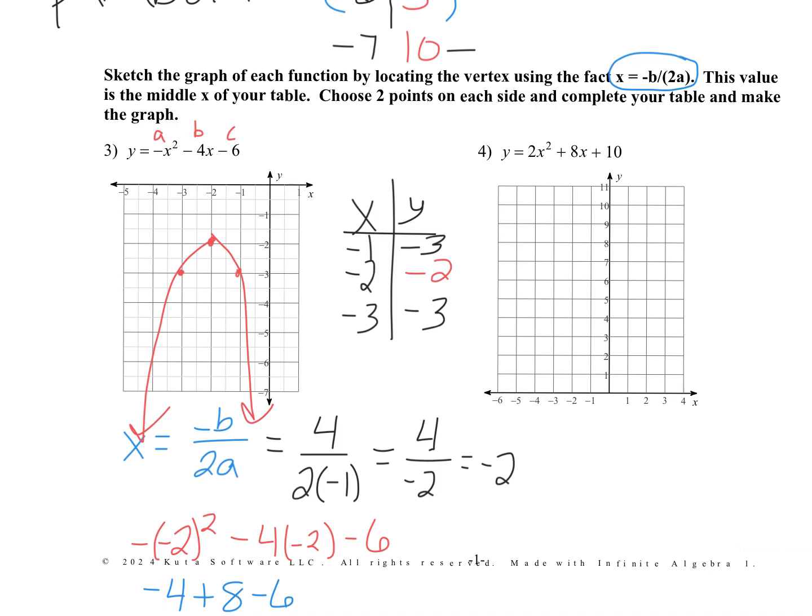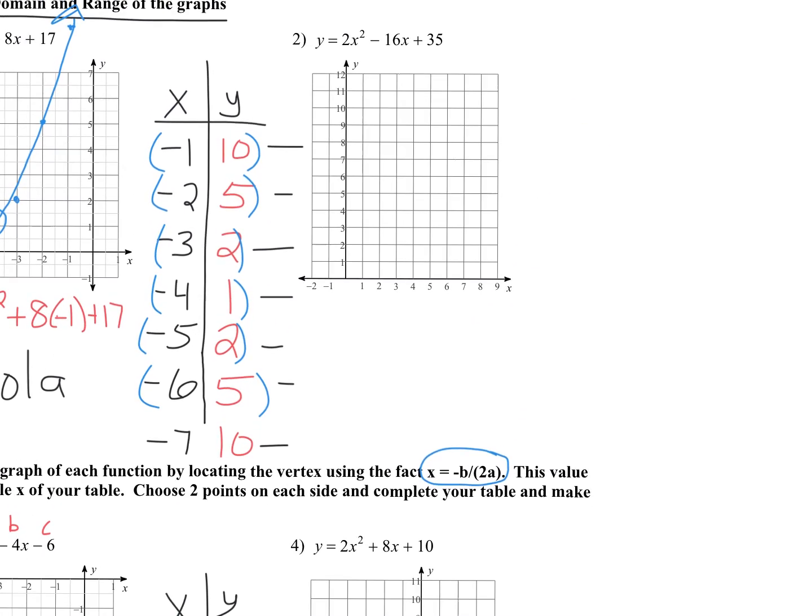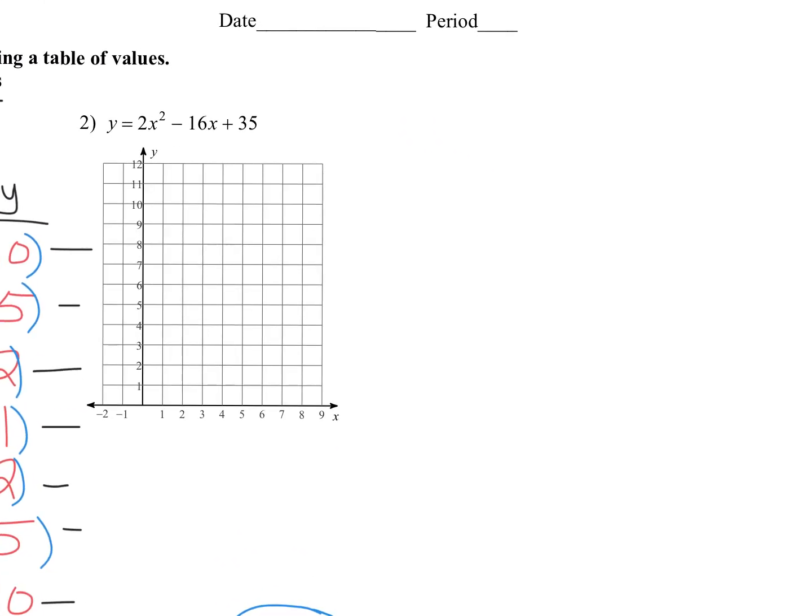Flip to number 2 real quick. Okay, she was asking about the leading coefficient and how that would change. So let's do our first step. What's our first step? Vertex. So if I have, what's my -b? 16 over 2 times a is our 2.